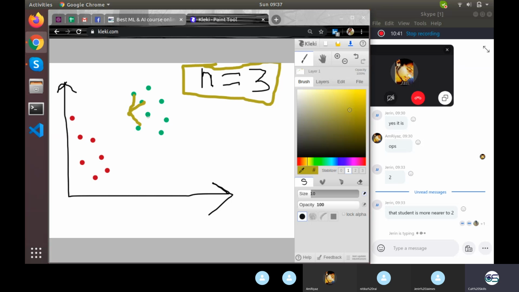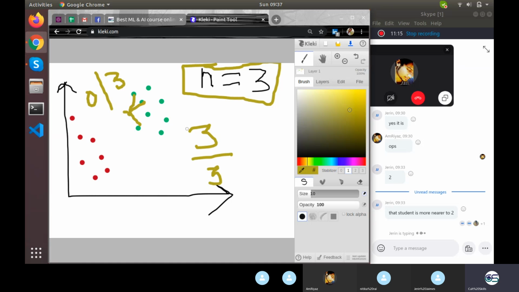After this, a voting will be conducted: out of 3, how many are of the red class, which is 0, and how many are of the green class, which is 3. Whichever class wins the game, that means this point belongs to that class, with a confidence of 3 out of 3.